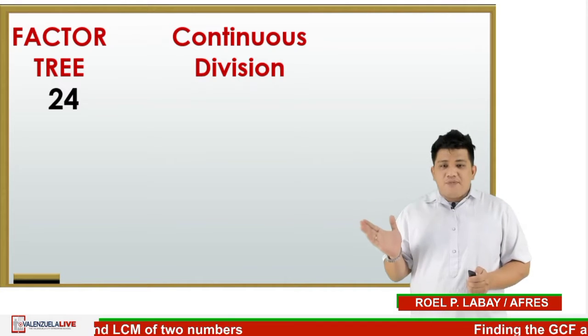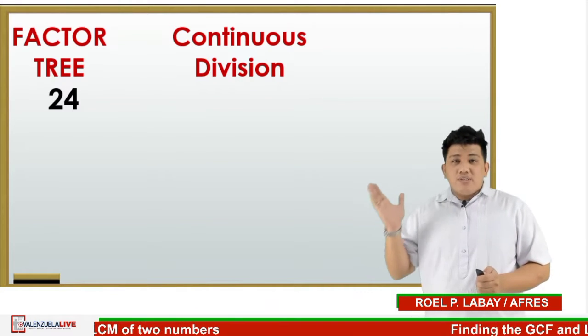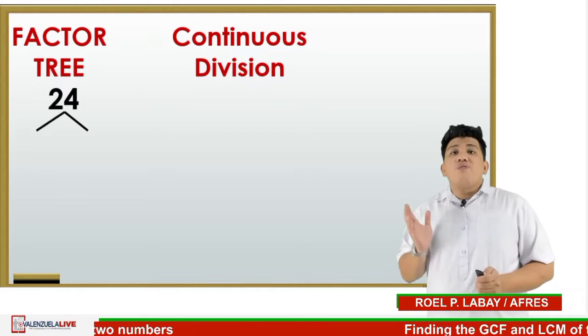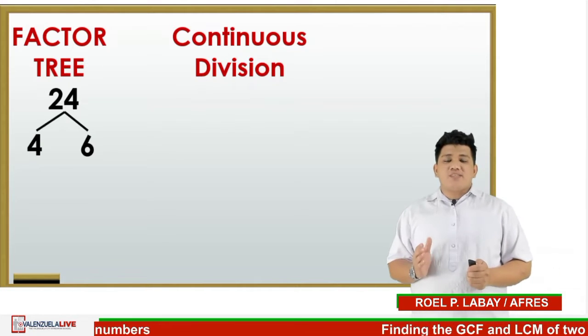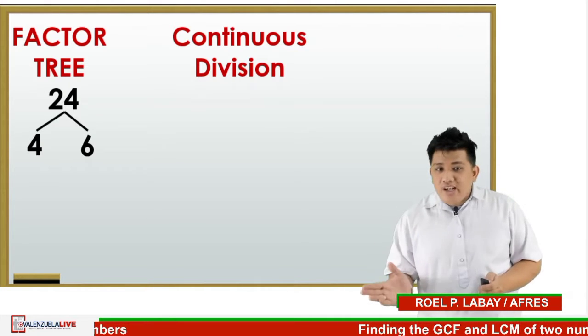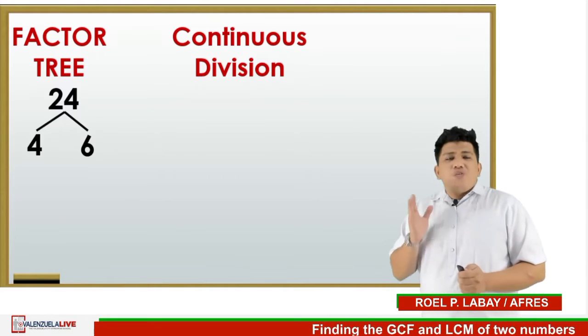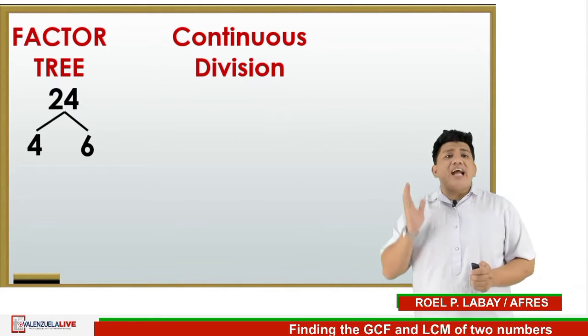To get the prime factors by using a factor tree, let's factor 24 into 4 times 6. But you can also use 2 times 12 and also 3 times 8. However, 4 and 6 are not primes.